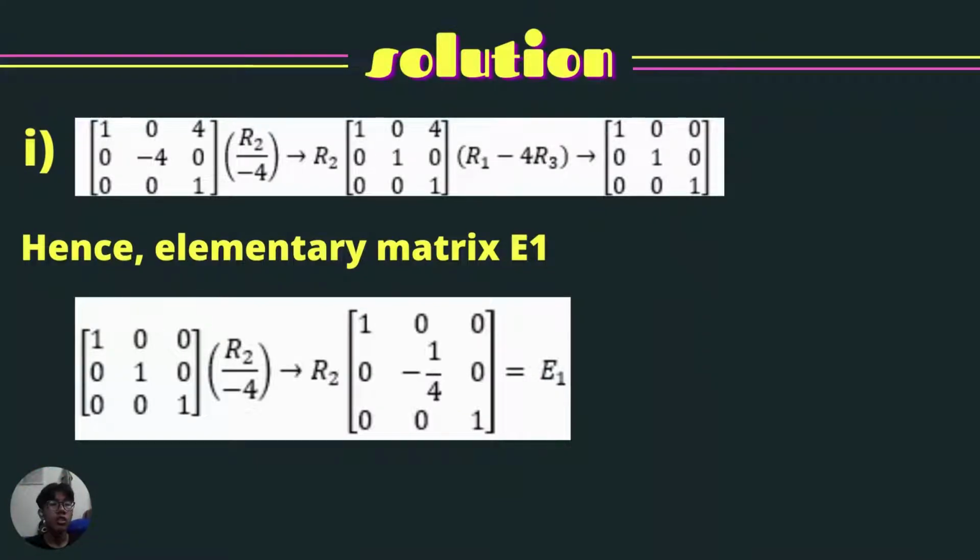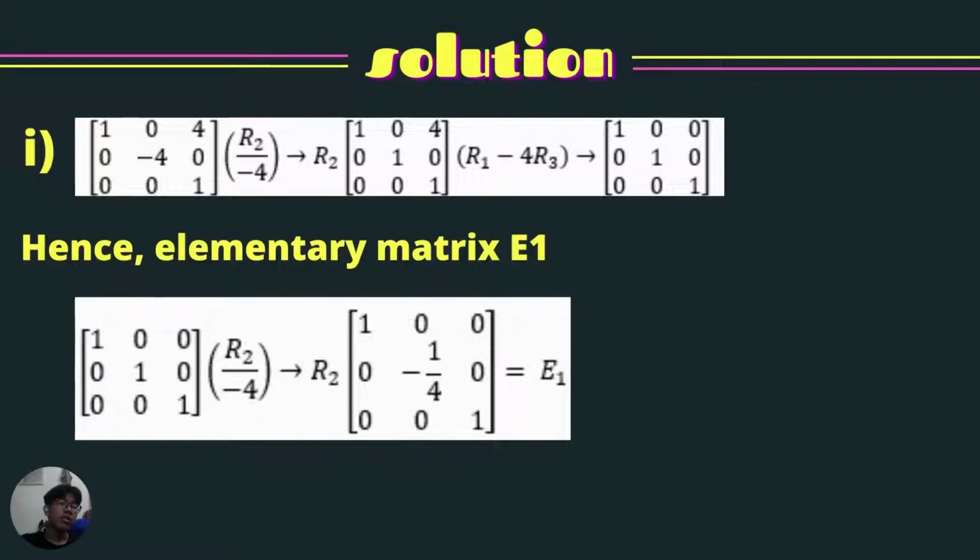And this is the solution for question 1. We got matrix 1 0 4, 0 negative 4 0, 0 0 1. We take row 2 and divide it by negative 4. So we got 1 0 4, 0 1 0, 0 0 1. Then we take row 1 minus 4 multiplied by row 3, and it's going to become the identity, 1 0 0, 0 1 0, 0 0 1, and hence elementary matrix E1.